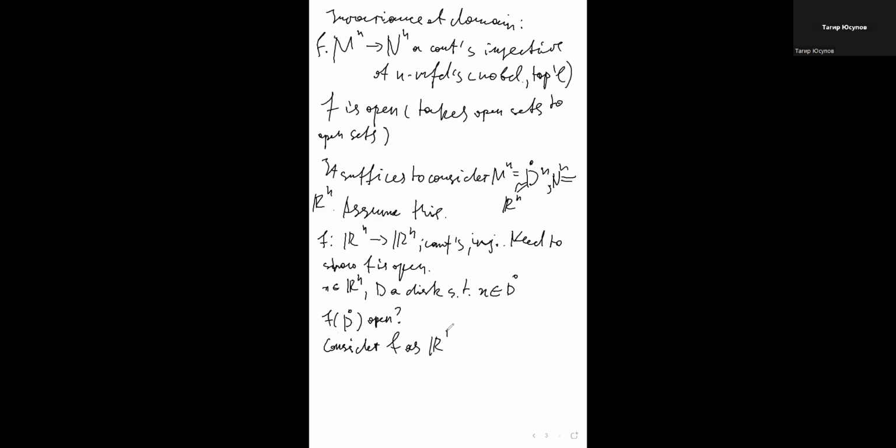Now let's consider F as a map from Rn to Sn, where Sn is the one-point compactification of the space Rn.